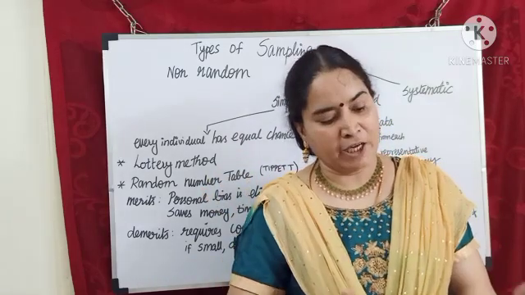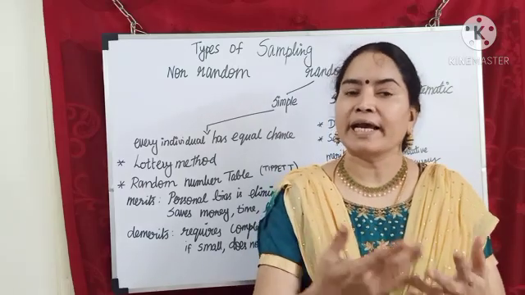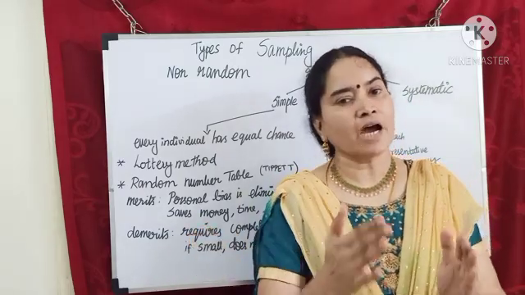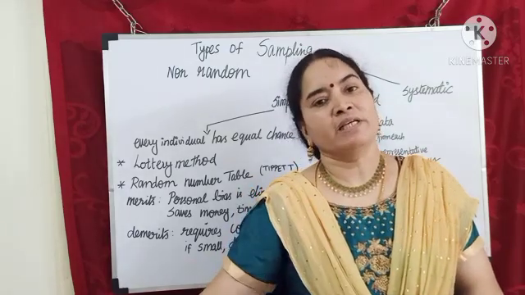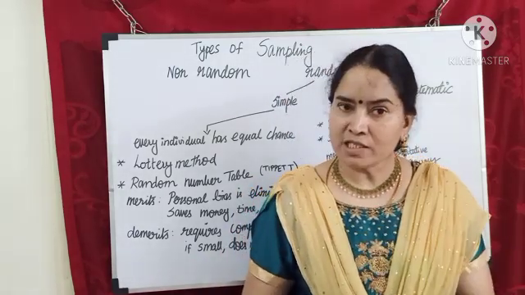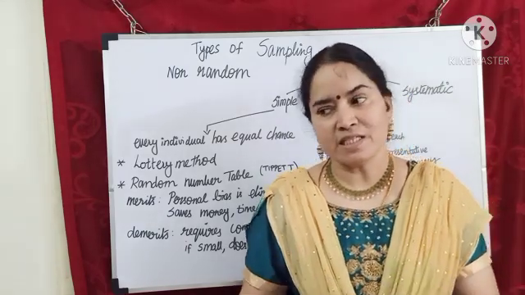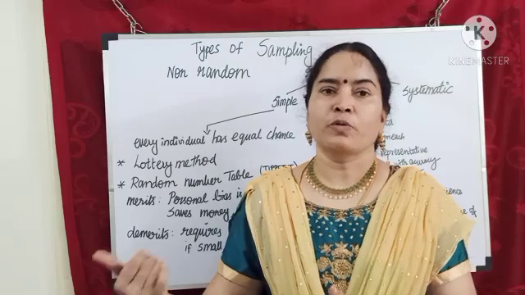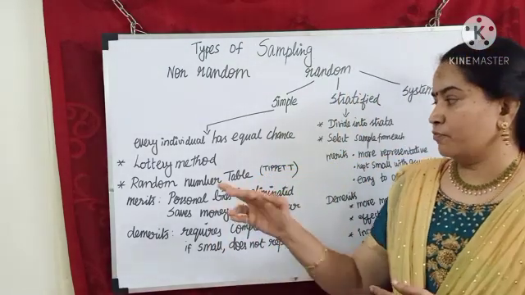Select any page on your own. Select any row or any column or any diagonal. Start combining. I want a 3-digit number, combine 3, 3 and select. I want a 2-digit number, combine 2, 2 and then you can select. This table we will refer to in the exercise and we will understand it in a more vivid way.